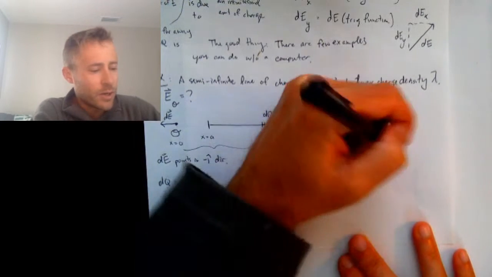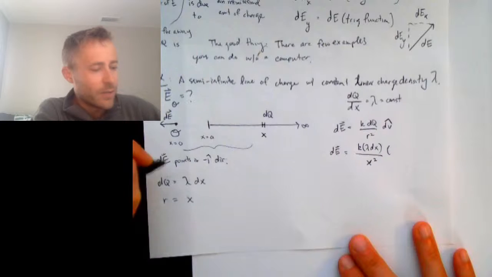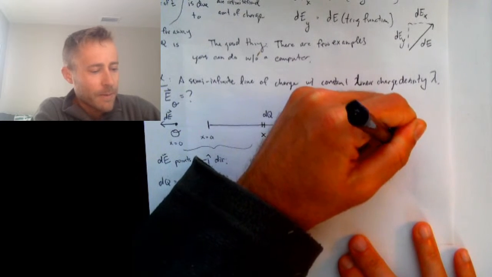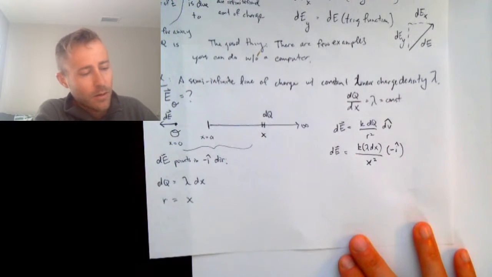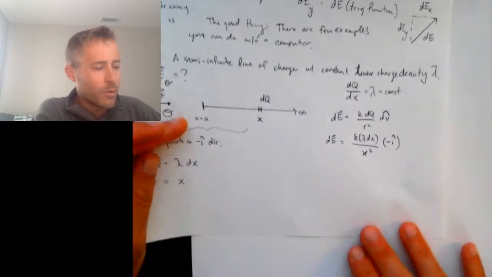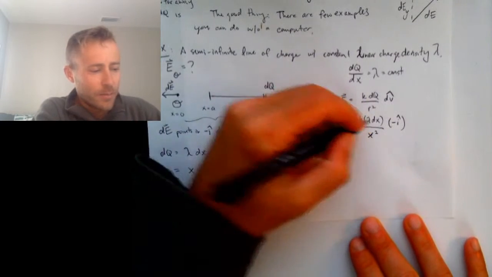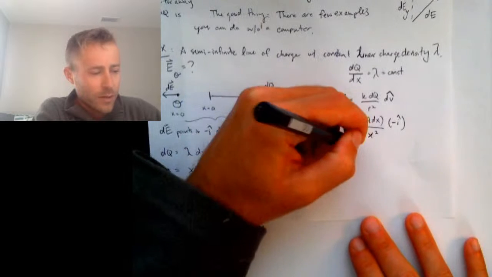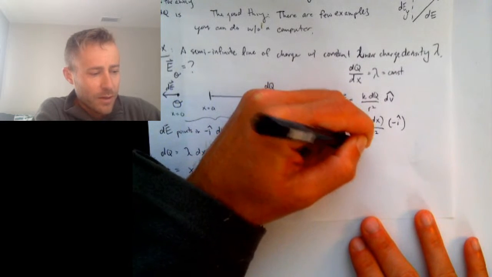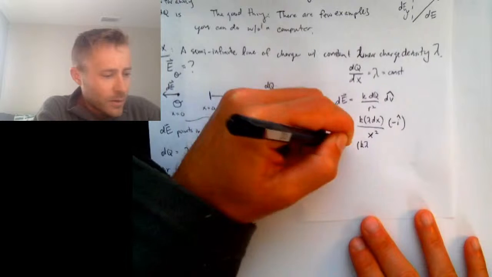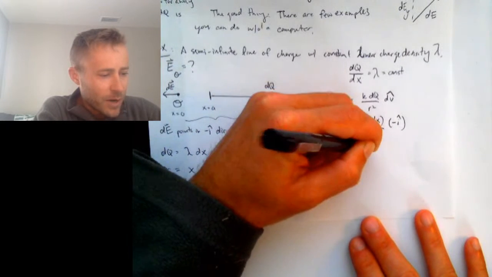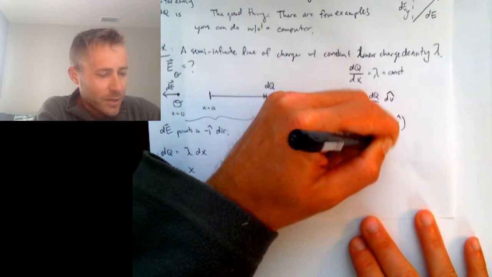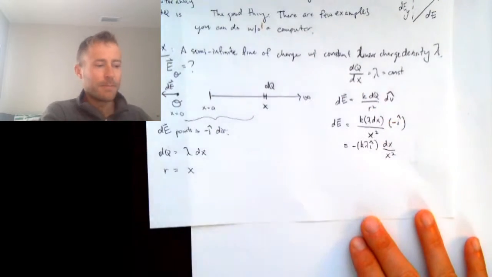And we know that our direction vector is in the negative i direction. Factoring out some stuff, I have negative k lambda i hat times dx over x squared.